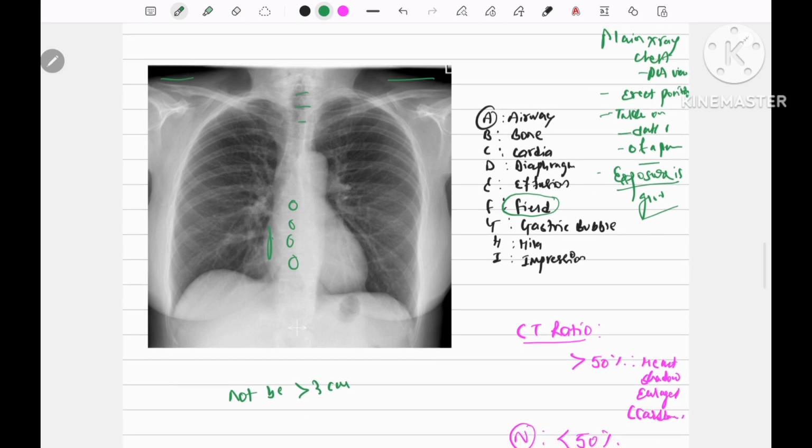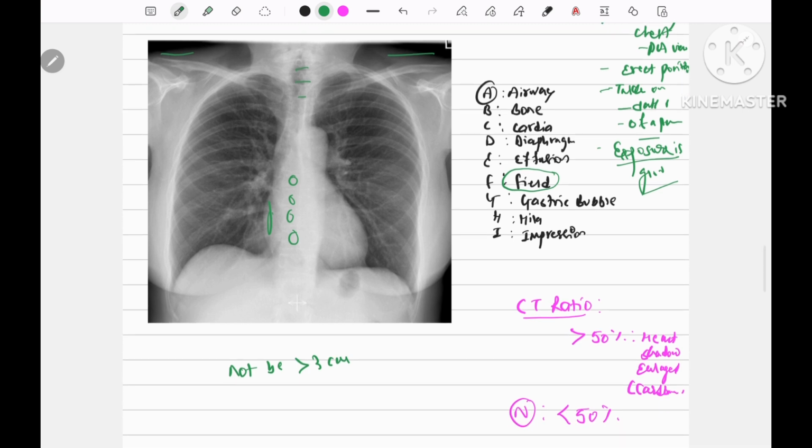And now we explain from the first, the airway. The trachea is normal, it is in the center, there is no foreign body in the trachea. The bones look normal, there is no fracture, and the cardiothoracic ratio is normal, so the heart is not enlarged. And I can see the diaphragm. The right hump is around 2 centimeter above the left hump, and it is due to the liver. The costophrenic angle and the cardiophrenic angle are sharp and acute, so there is no pleural or pericardial effusion.